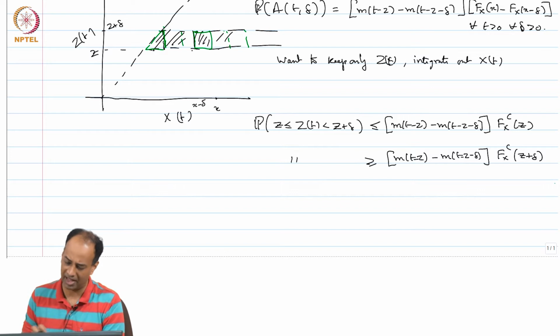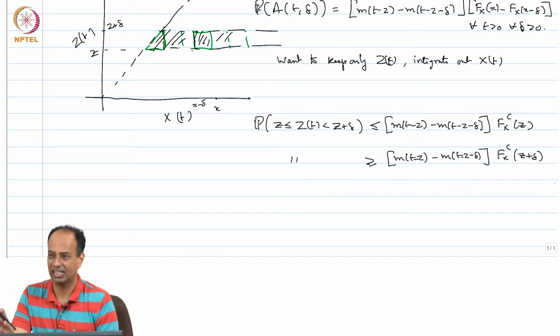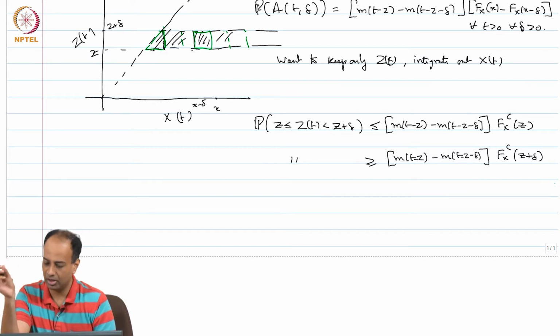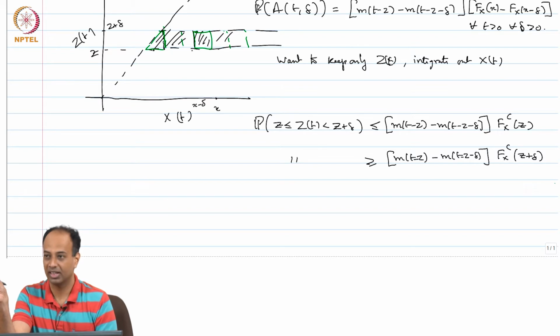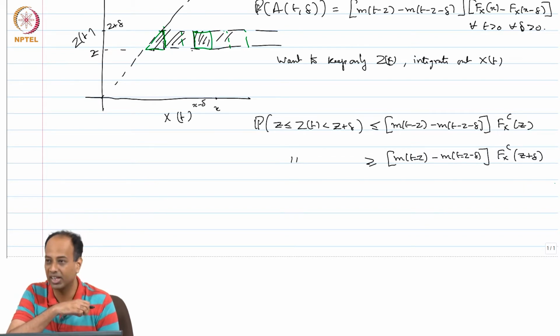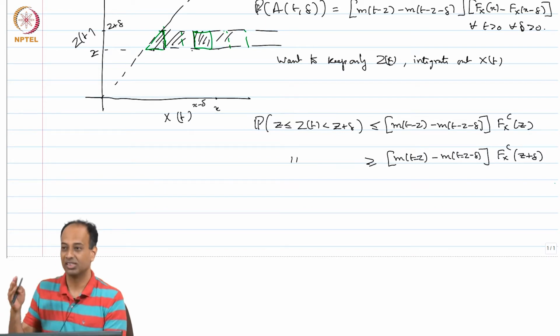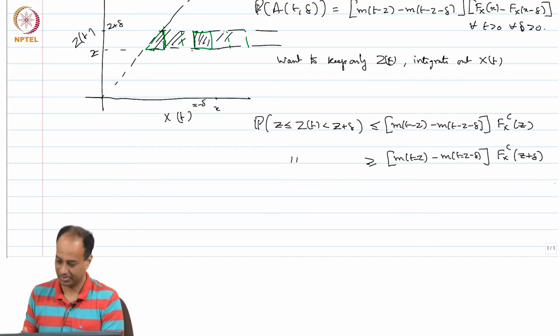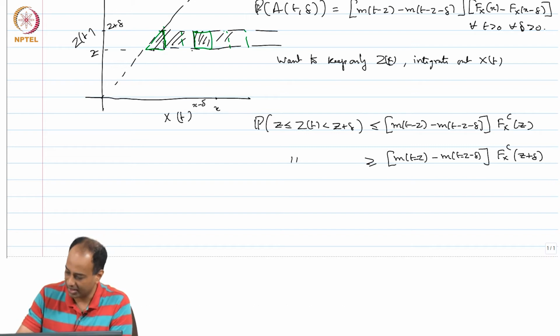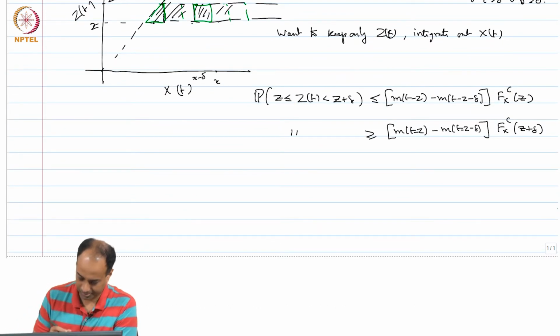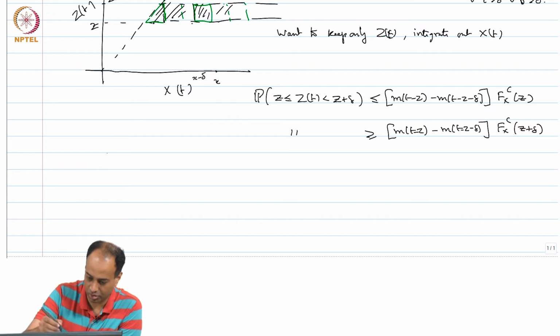Now, suppose this delta is fairly small: you have upper and lower bounds on the probability that Z(t) lies in z to z plus delta. From this, can I not get the CDF of Z(t) for any finite t? I can again sum this. If you do that, from this we can show the following.